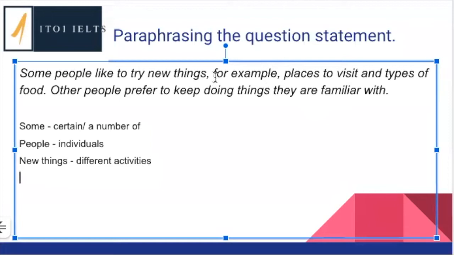So, like I said, I would say for the example, we don't need to. We can paraphrase the example, but we don't need to. So other people prefer to keep doing things they're familiar with. What could we use here?